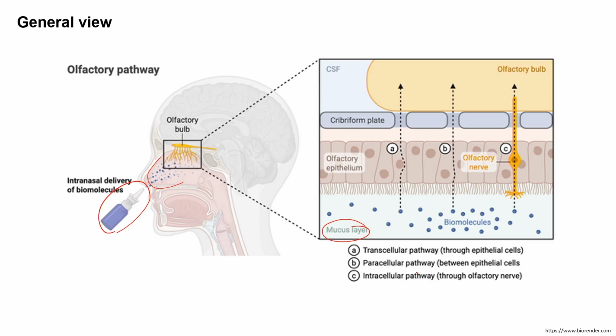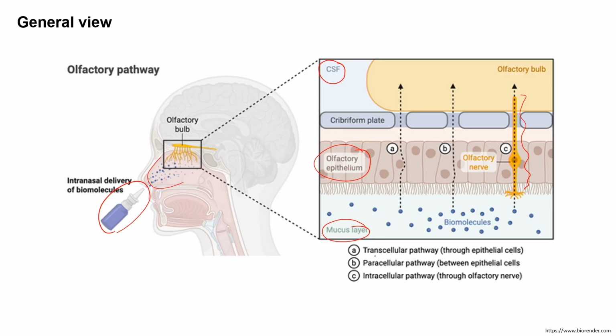Now try to understand here, there could be three possible ways the antigen could enter into the central nervous system. Of course this is the fluid which is a part of the central nervous system called cerebrospinal fluid, and these are again the olfactory epithelium, and these are the nerves which give olfaction, called the olfactory nerve.